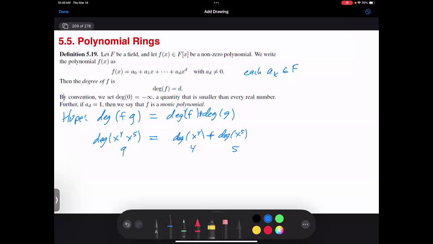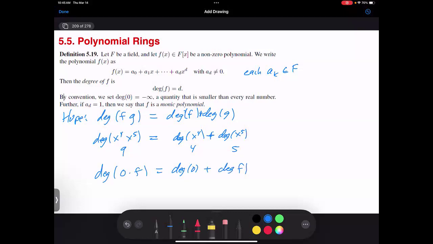We haven't proven this yet, but it seems reasonable that the degree of a product should be the sum of the degrees. Okay. Does this motivate now why the degree of 0 should be negative infinity? So if I give you the degree of the 0 function times f, that should be the degree of 0 plus the degree of f.